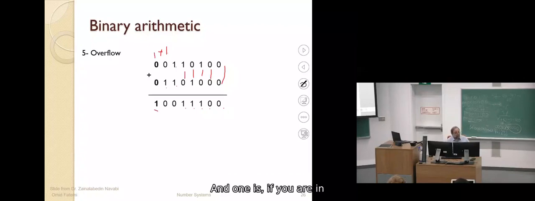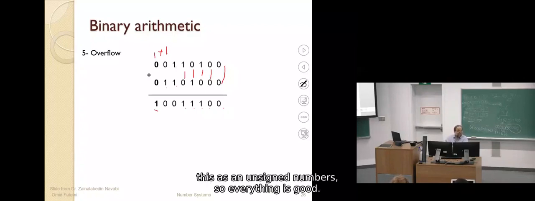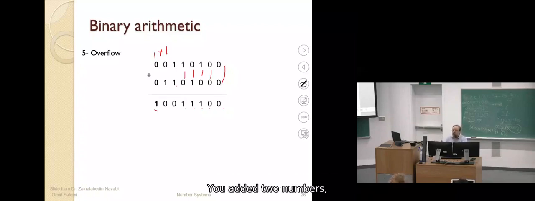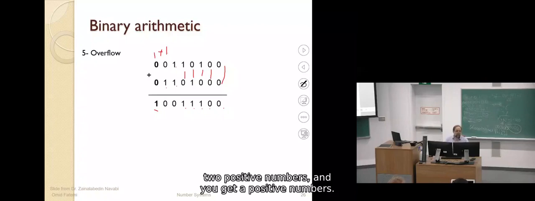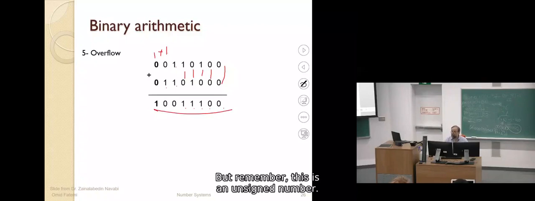So if you are in 8-bit and you are considering this as an unsigned number, everything is good. You added 2 positive numbers, and you get a positive number. But remember, this is an unsigned number. You shouldn't consider this as a signed number, because if you do, it becomes negative, which is not correct.